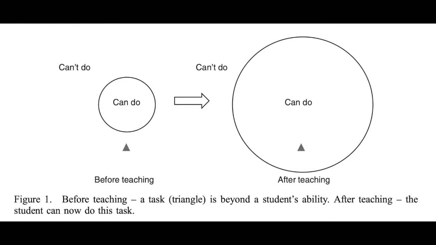That's the skill or the knowledge that we want the student to possess after teaching. You see the arrow slides over to the right, and after teaching, wow, look at how good we are at doing this. The circle of can do is expanded to include that triangle task in the middle. There's still going to be stuff that they can't do, obviously.